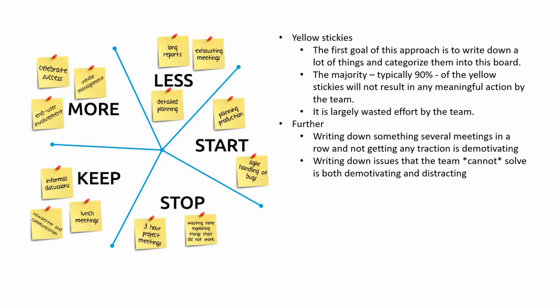Those are things that we may not be able to address. But the problem is they show up, and they show up over and over because of the way the structure just takes this large view on what the problems are and what we can do. Having those show up chronically is both demotivating and distracting for the team.